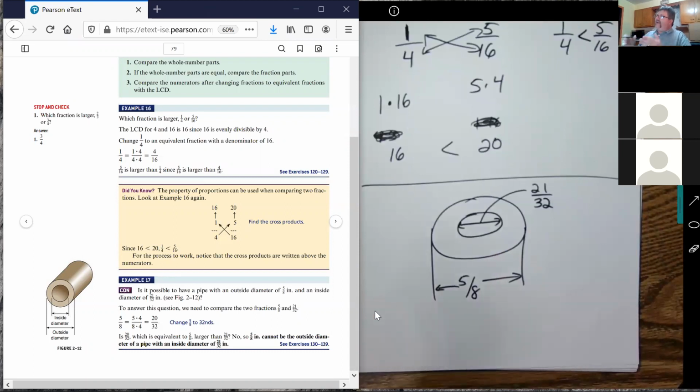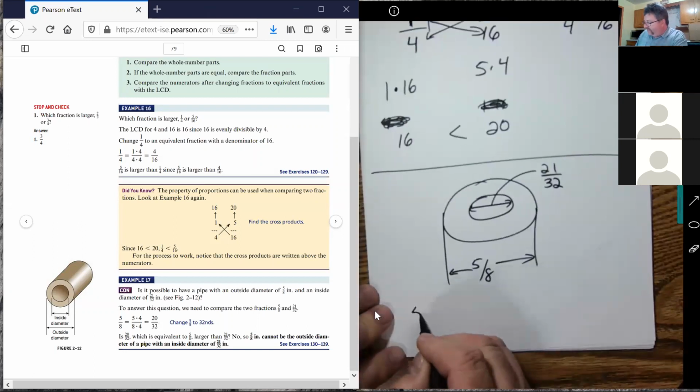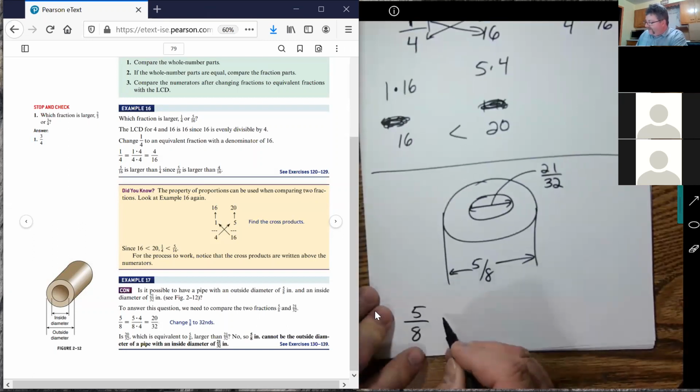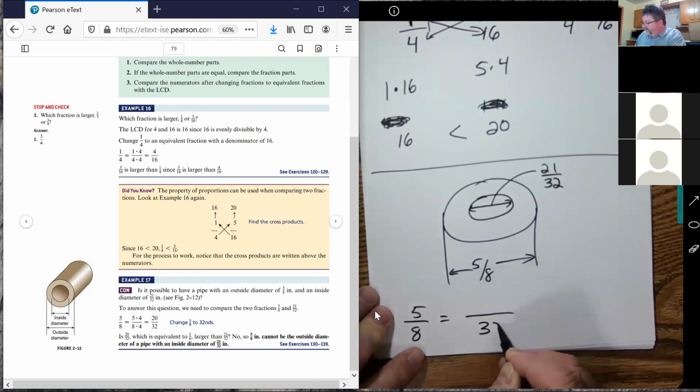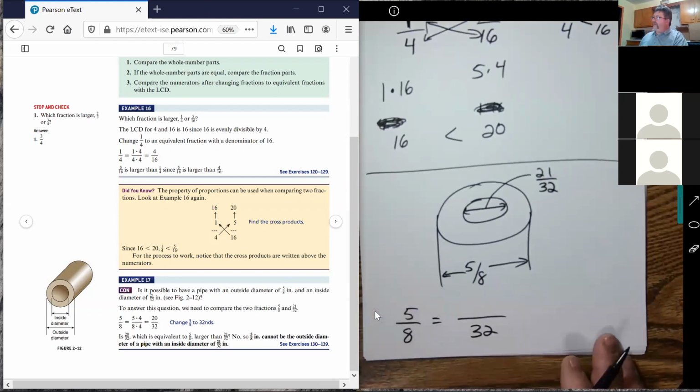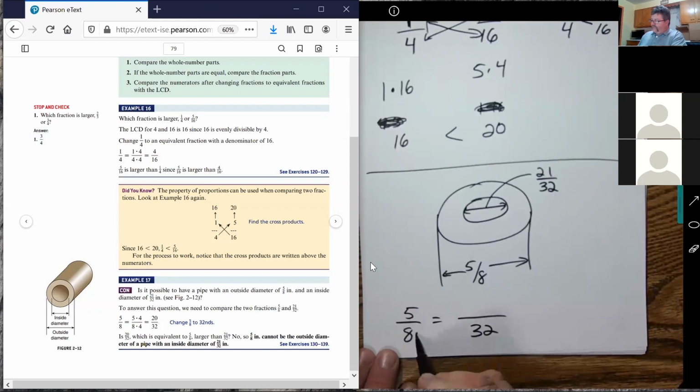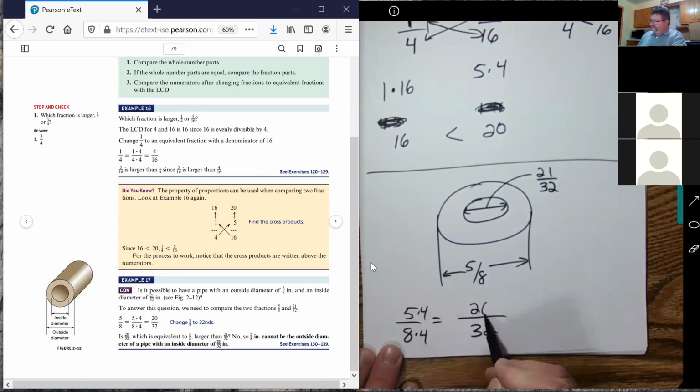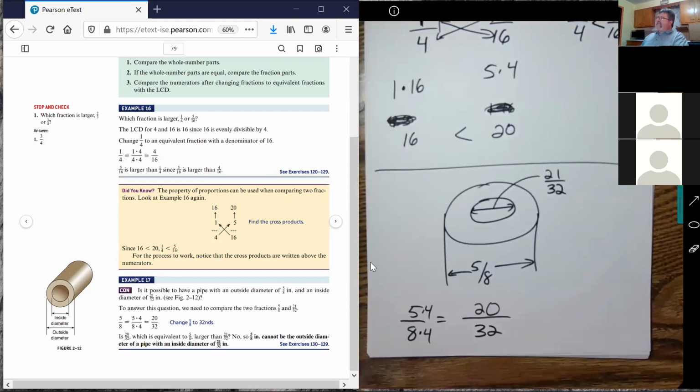Obviously, the inside diameter must be smaller than the outside diameter, or this whole thing doesn't make any sense. So in other words, if I take 5/8 and I want to turn it into something over 32, how would I do that? Well, 8 times 4 is 32. 5 times 4 is 20. So 5/8 is equivalent to 20 over 32.